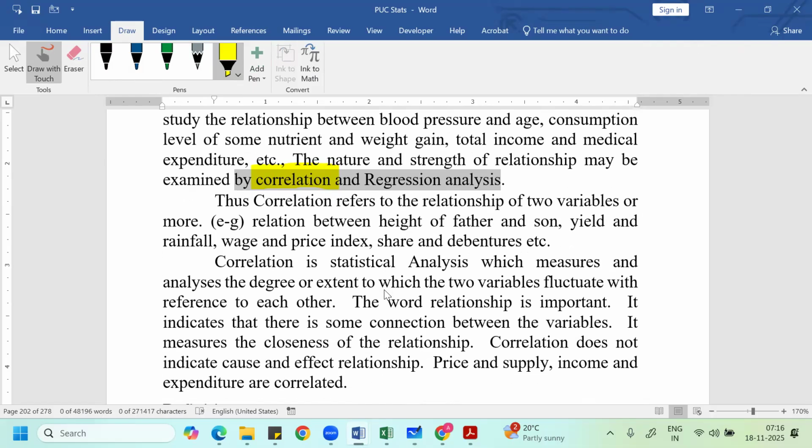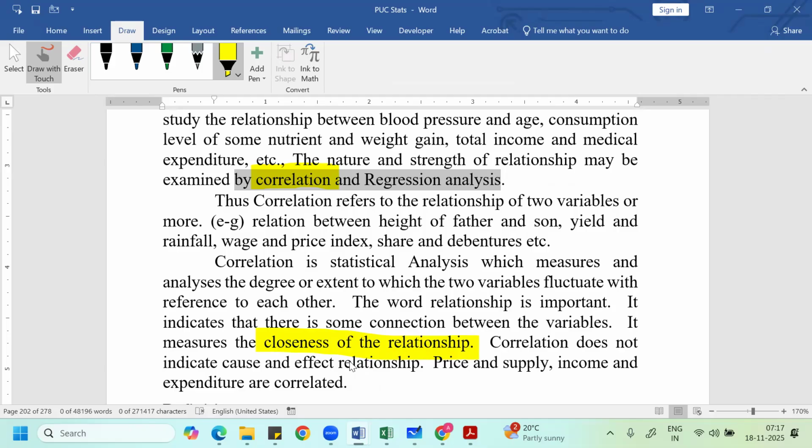Correlation measures the degree or extent to which two variables fluctuate with reference to each other. The word relationship is important; it indicates that there is some connection between the variables, and it measures the closeness of the relationship. If the correlation coefficient is very close to 1, like 0.8 or 0.9, or minus 0.8, it means a very strong relationship.